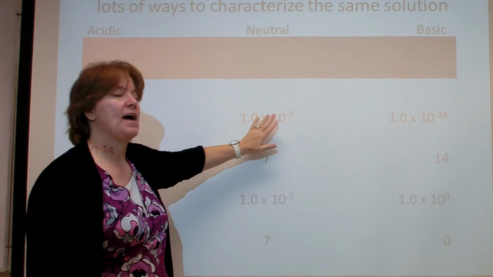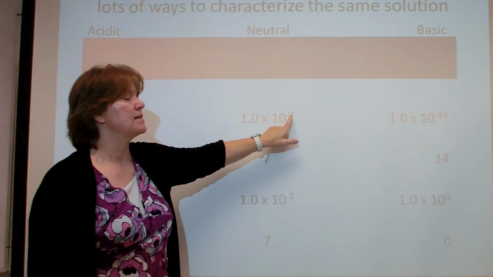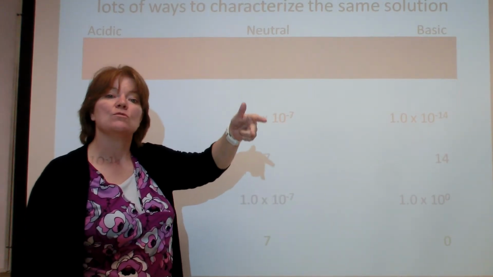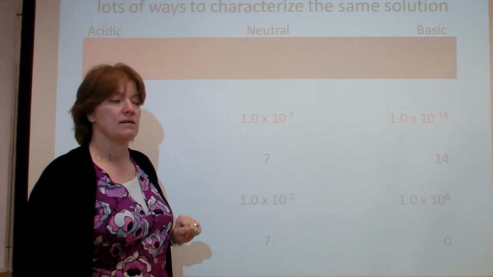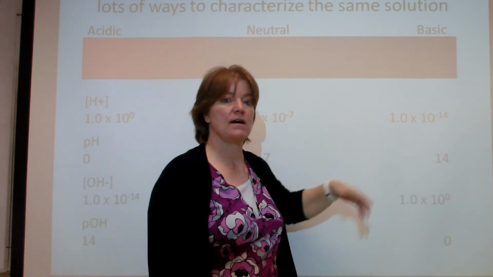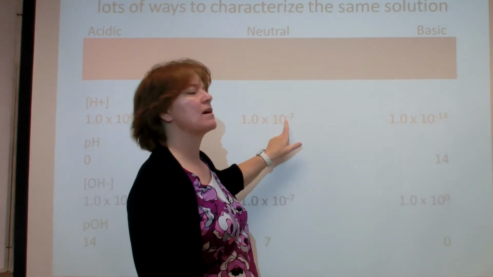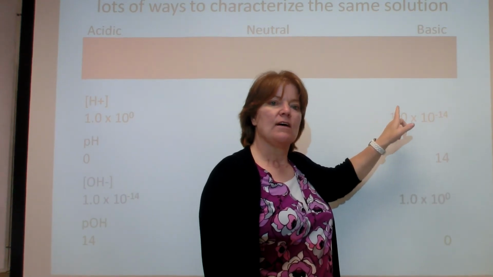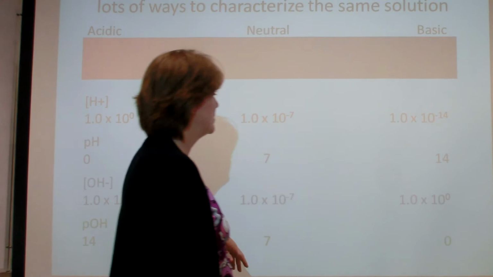If it's bigger than that, anywhere between 1 times 10 to the 0 and 1 times 10 to the negative 7, so exponents between negative 1, negative 2, negative 3, negative 4, negative 5, and negative 6, that would be considered acidic. Same thing on the basic side, only in terms of H plus ion concentration, I'm looking for exponents of negative 8, 9, 10, 11, 12, 13, or 14 to be basic.